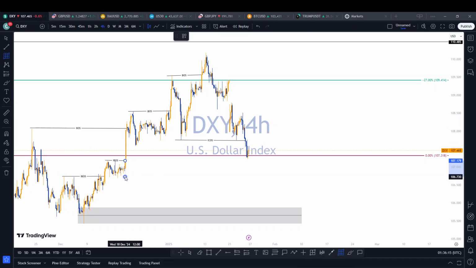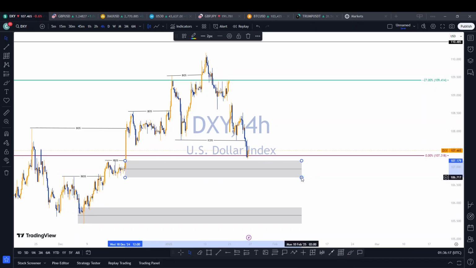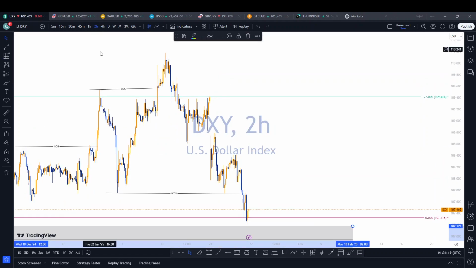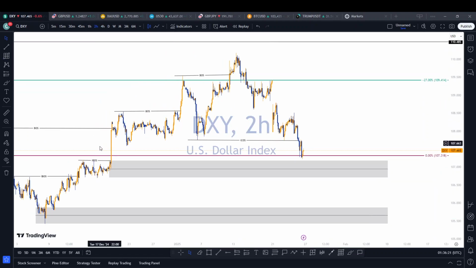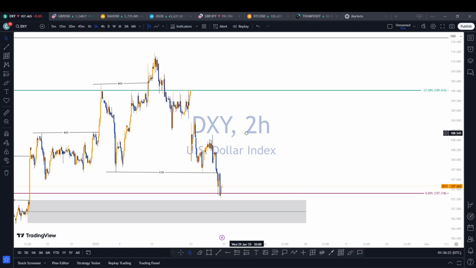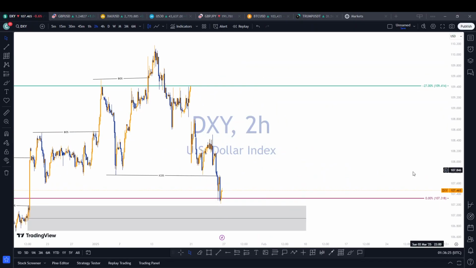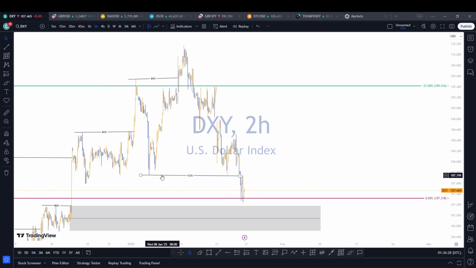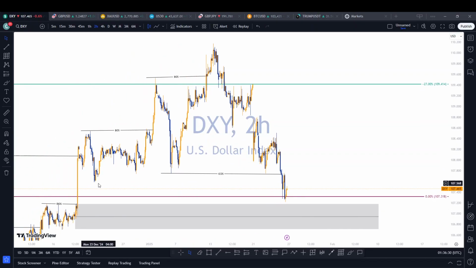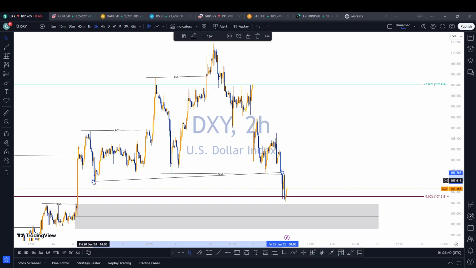So if it comes down here to reject and I see a change of character, then I'll probably ride it to the downside. But like I said, you need to be patient because this might become liquidity. This might also become liquidity, right?